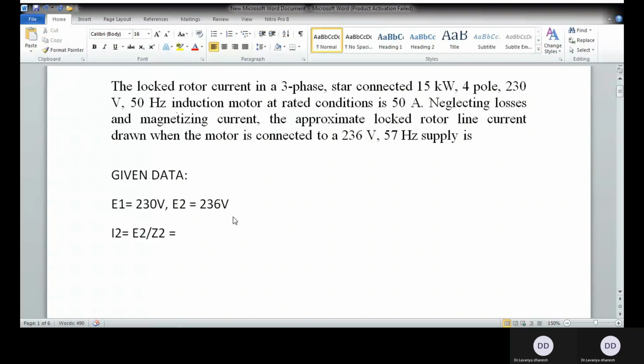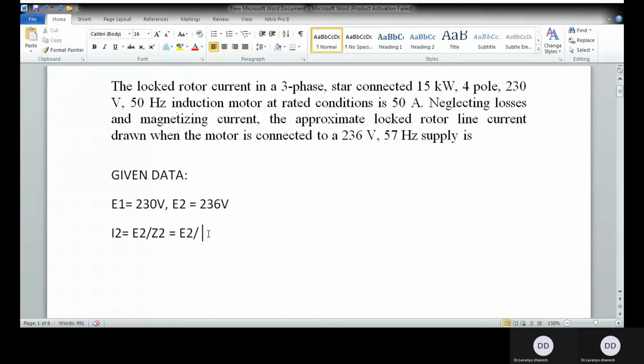So what will be E2? We just write it as it is. What is impedance? Z is the square root of R squared plus X squared. If it is Z2, we get R2 squared plus X2 squared. If it is Z1, we get R1 squared plus X1 squared.